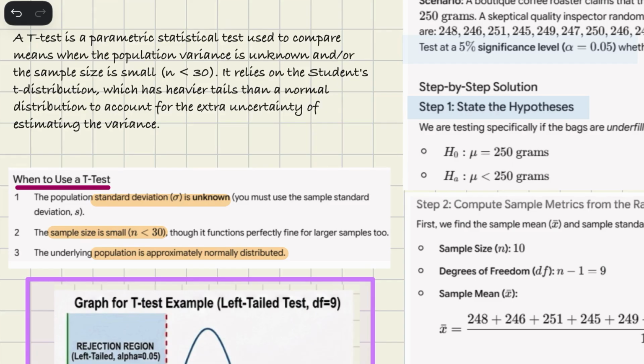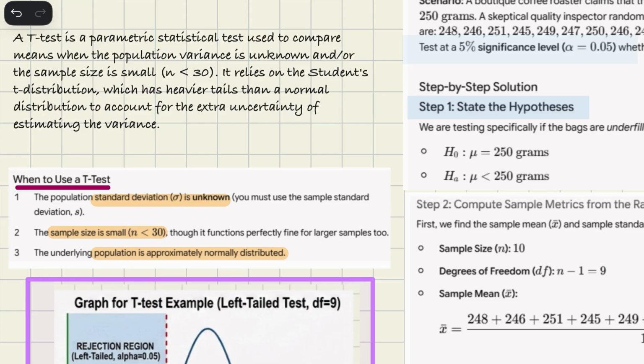Instead, it will say that a sample of 15 items was taken, showing a sample standard deviation of 4.2. The moment you see that, you are forced to use the sample standard deviation as a substitute for sigma, right? Your brain should immediately scream that it is a t-test.